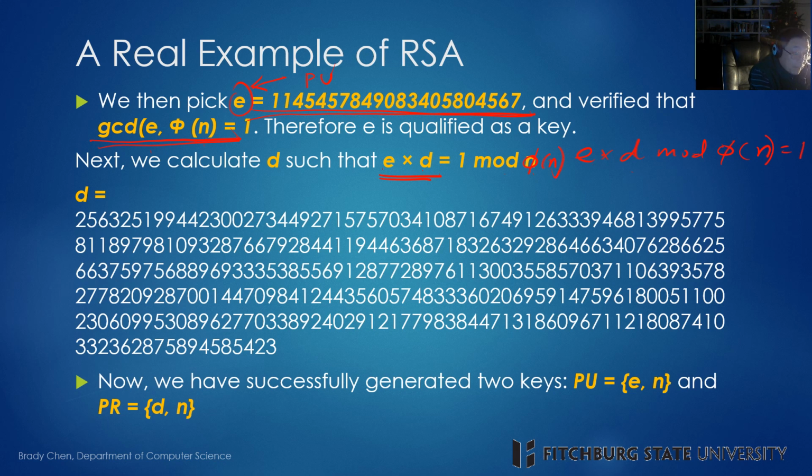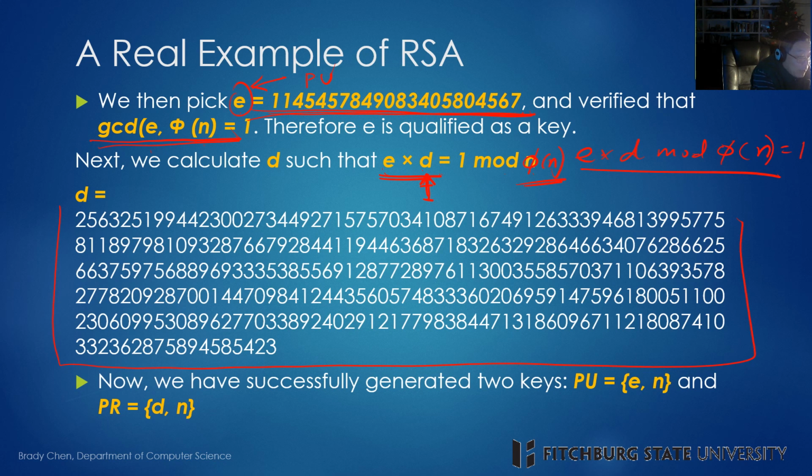Okay. So now if you know phi of n, it should be relatively easy. You can find D in a reasonable time. And here's the D I found.